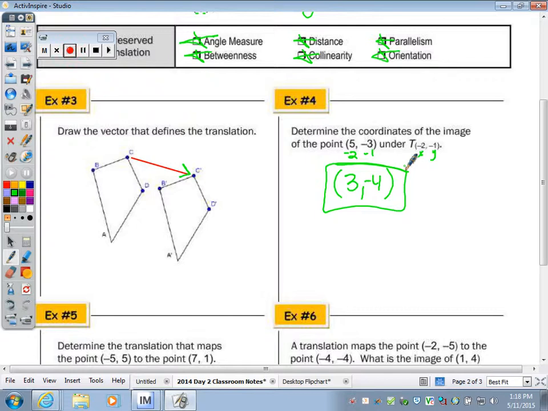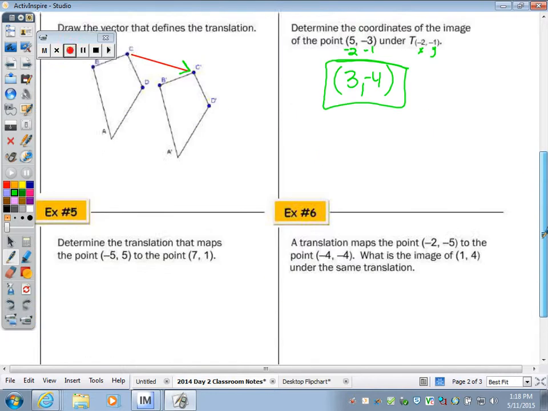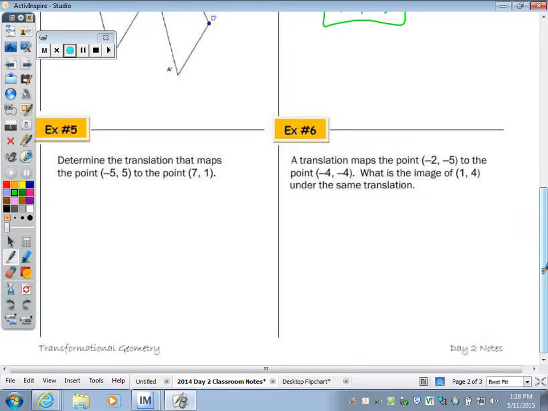In number 5, we have to determine the translation that maps the point. Some of you can see this, okay? But if I want to know how I went from here to here, what did I add to -5 to get to 7? You can solve it algebraically if you need to. If you add the 5 over, X is 12.